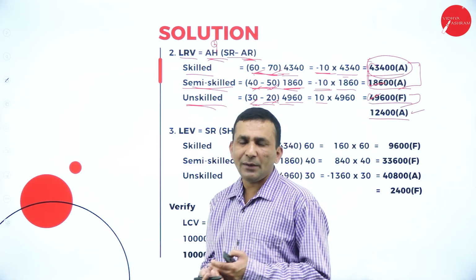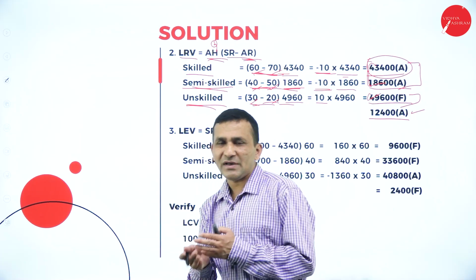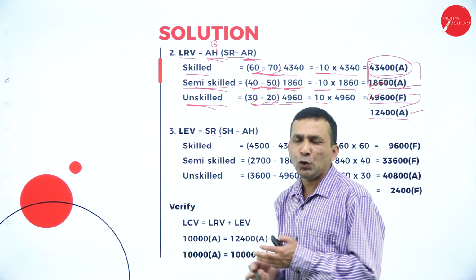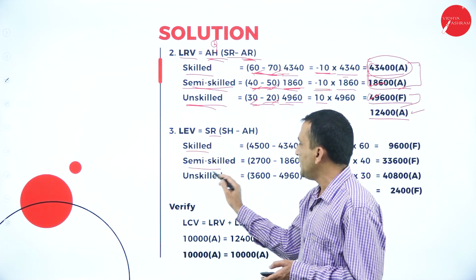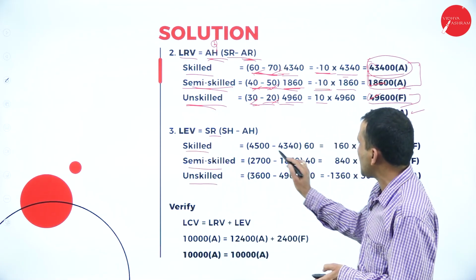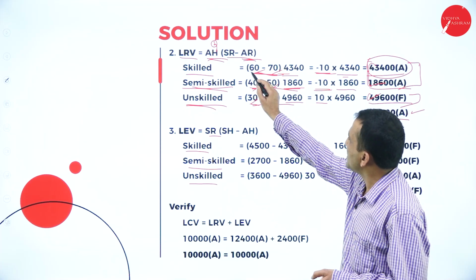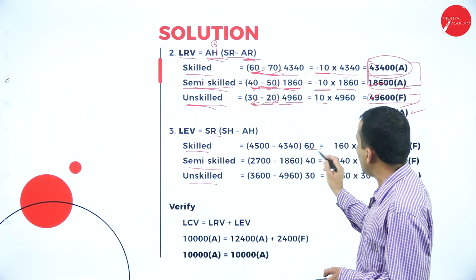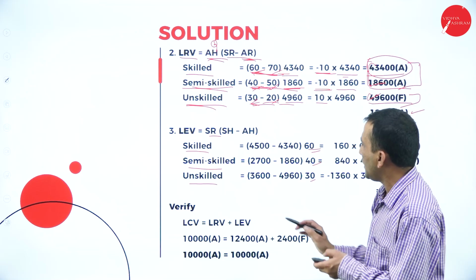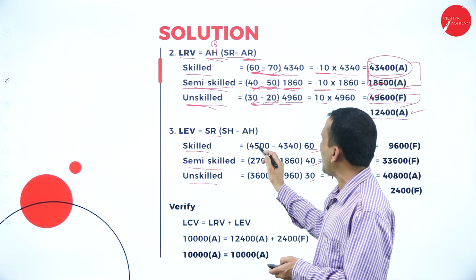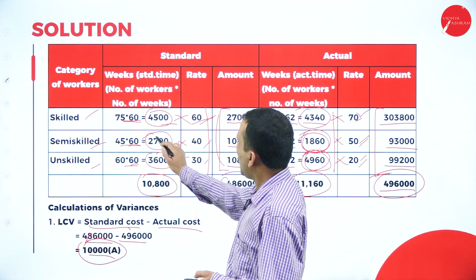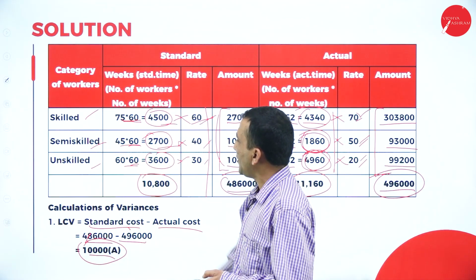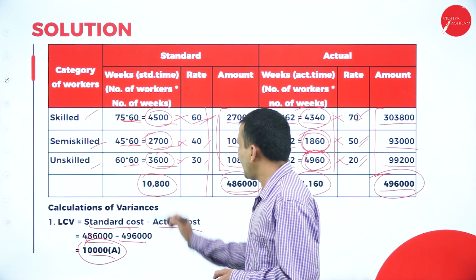So moving to the labor efficiency variance, the formula is very simple: standard rate into standard hours minus actual hours. The standard rates for skilled, semi-skilled and unskilled, which we just calculated, are 60, 40, 30. Under skilled labor, the standard hours we calculated are 4,500, semi-skilled 2,700, unskilled 3,600.